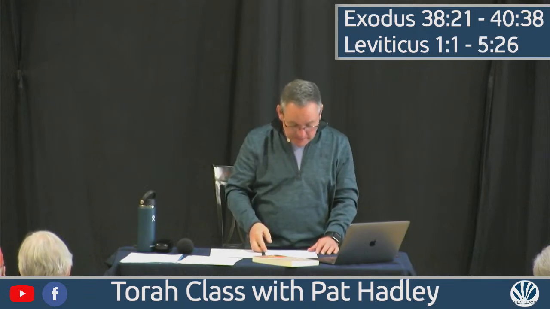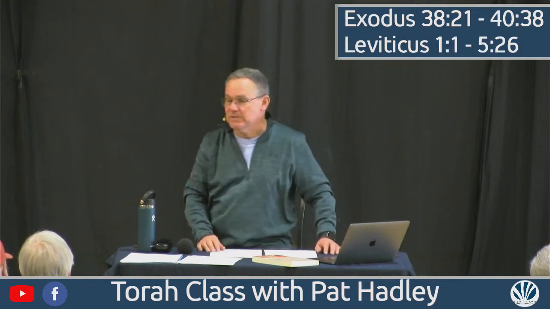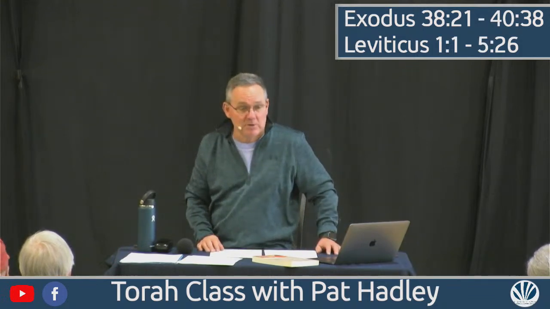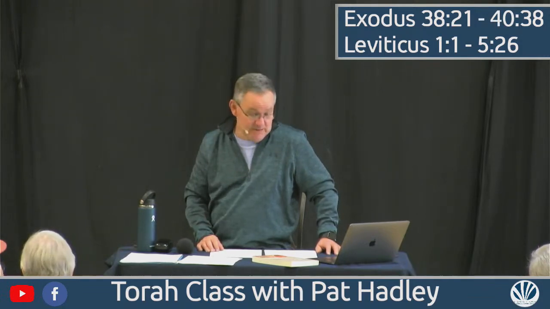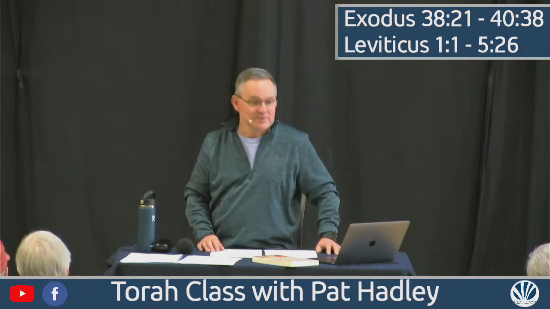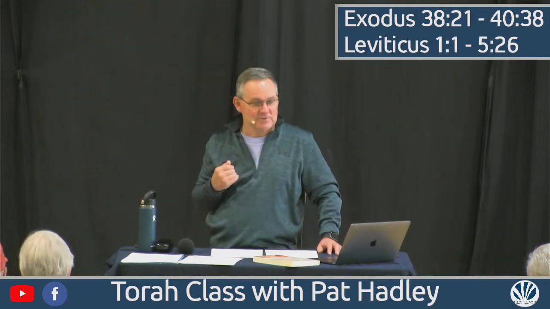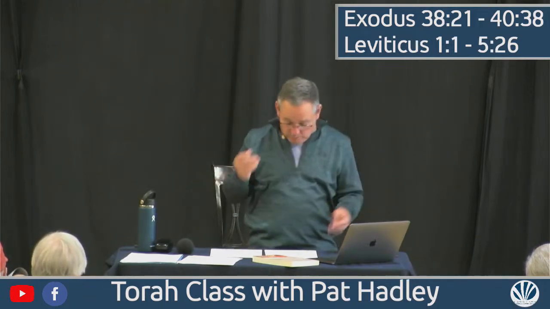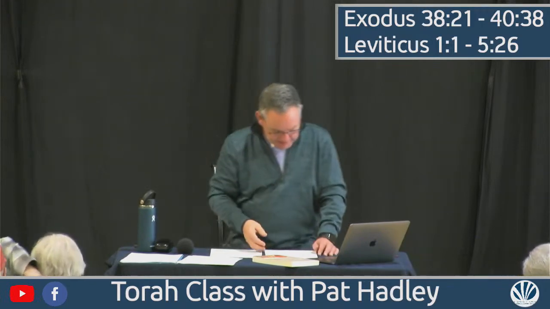Now, it's very interesting that Exodus ends with Moses not being able to draw near, because he couldn't go in. Leviticus is the answer to the end of Exodus. Because now Leviticus is going to give you the way that God gives you to draw near, so that Moses and everybody else will be able to draw near to God.